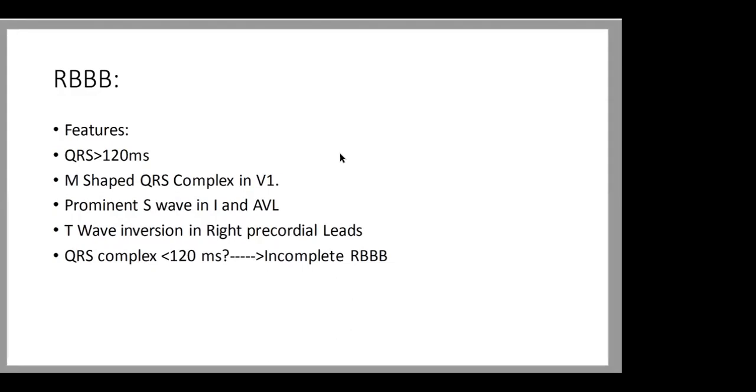So if we have a blockage on the right side, it will manifest itself in the form of an M shape in V1. Then you will also have a prominent S wave in lead 1 and in aVL, and also a T inversion in the right precordial leads. Right precordial leads, as we said before, are V1 and V2.